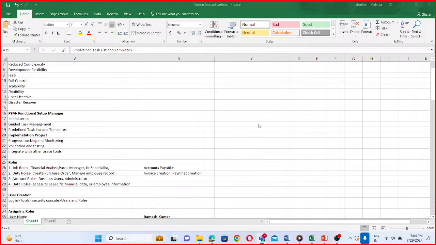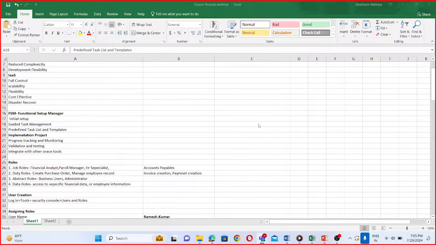So first of all friends, what do we do when we implement a project, when a client's requirement comes that we have a project? The first thing we do is create the accounting calendar, because it is a critical component that defines the period during which financial transactions are recorded and reported.